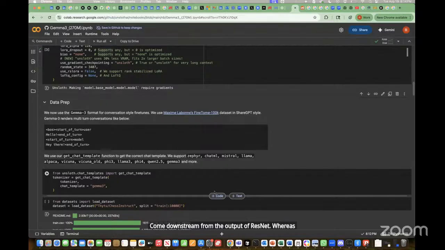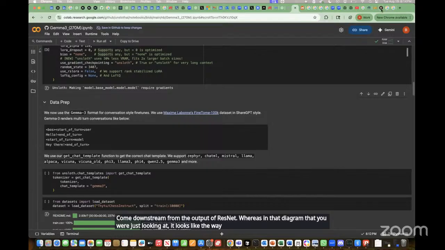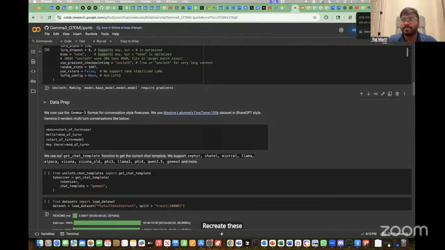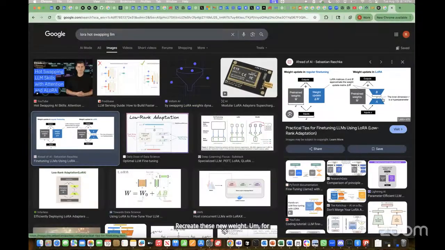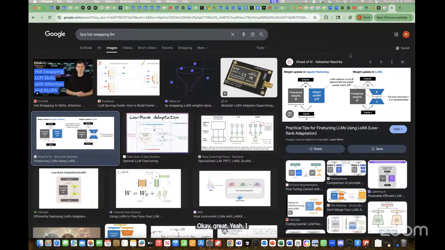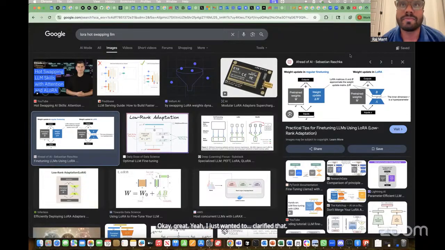Whereas in that diagram, it looks like the way you do fine tuning with large language models is in parallel, where you create these new weights for every QKV. And I assume that you also do that for each attention head and then for each attention block as well. Yes, we do that for different attention heads as well. If there are 32, then we have to do it for 32. Okay, great. I just wanted to clarify that.